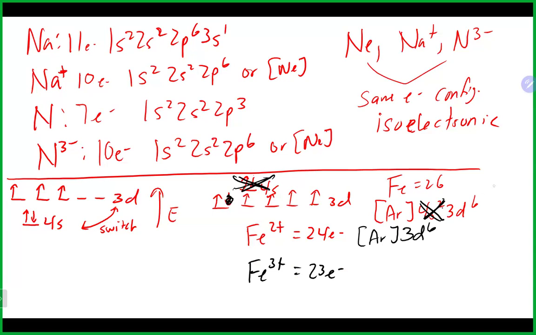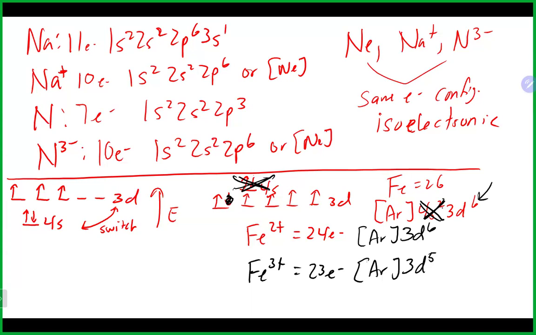We're going to take out that electron from that spot, and now we will end up with argon 3d5. That is also why transition metals typically have the ability to make a variable type of charge, because they have some of those extra d electrons that they can lose.